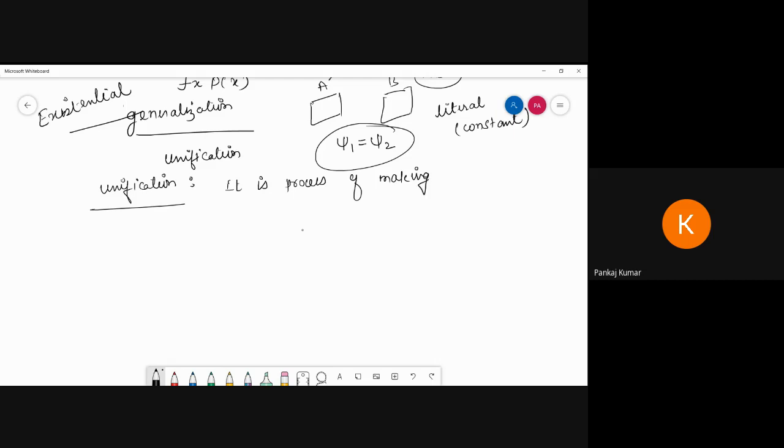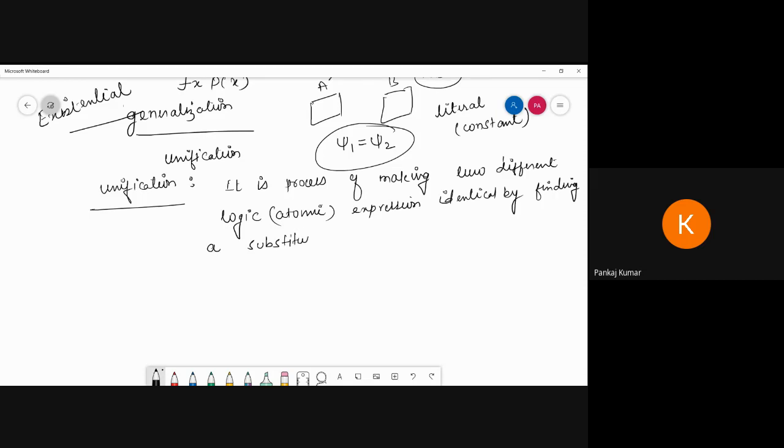It is a process of making two different logic, I'm talking about atomic, so here the logic is atomic, not a complex compound, atomic expressions identical by finding a substitution. Okay, so that is good.